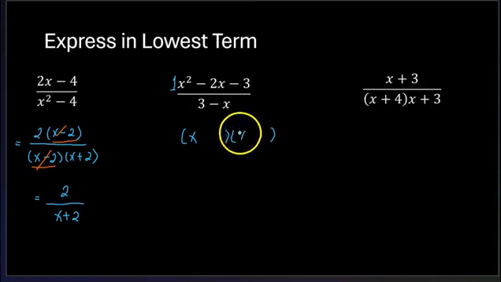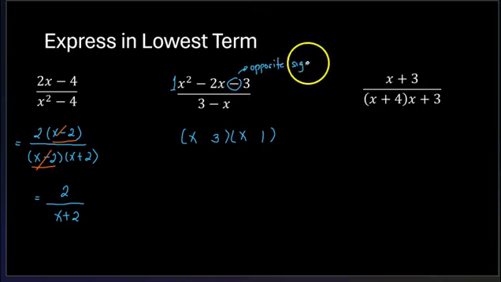It's just 1 times 1, and the variable is x. And this is a little bit easier because there's only one factor for 3. It's 3 times 1. Okay, so what does this mean in factoring? This means that we have opposite sign. Okay, so that means one is sum and the other one is difference.